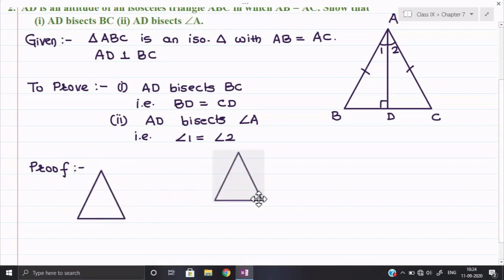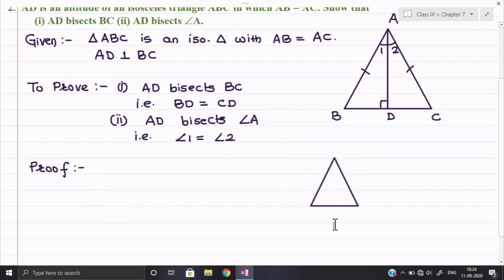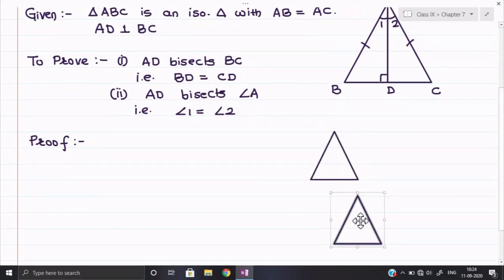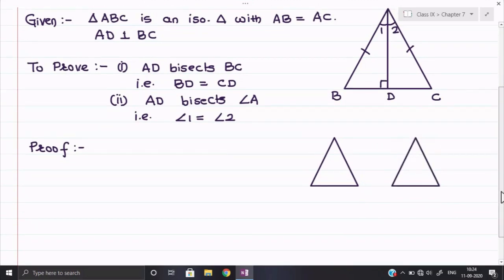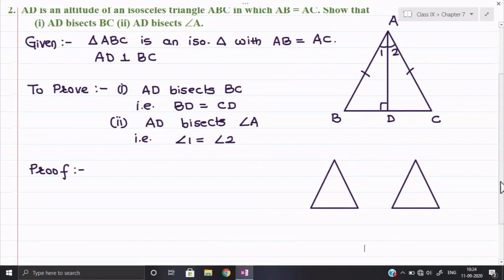First triangle is taken, one more triangle we shall take. So second triangle I am taking here. And the names of the two triangles I am taking are: first one is ADB and second one is ADC.